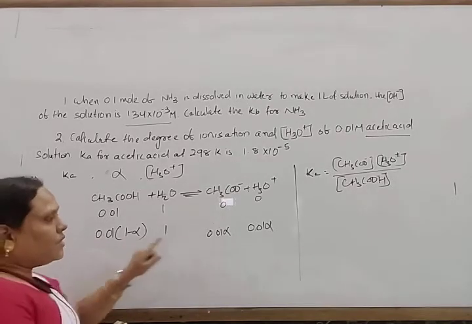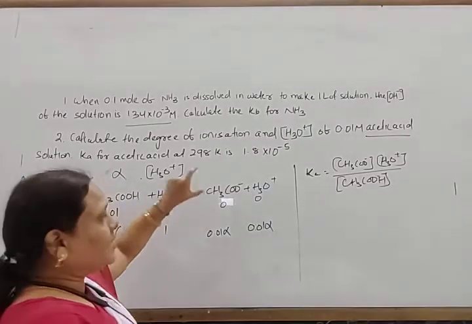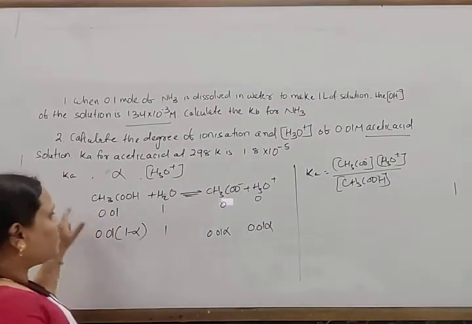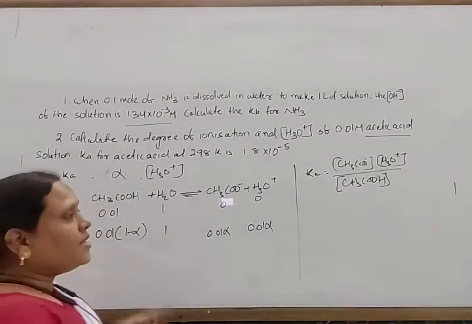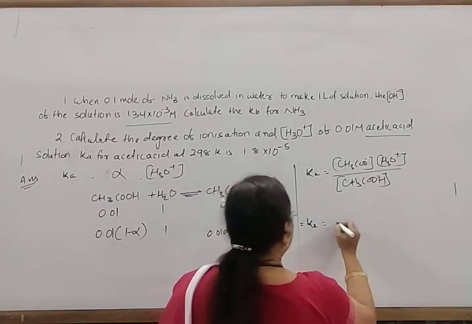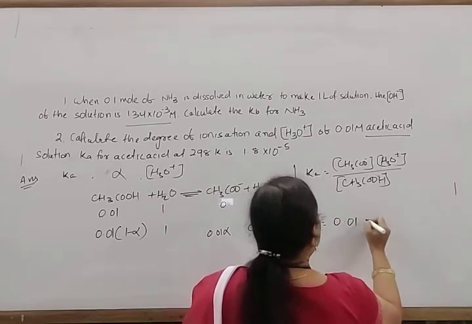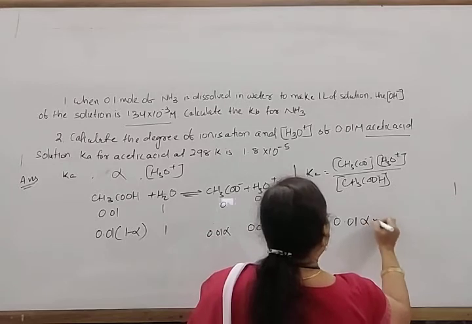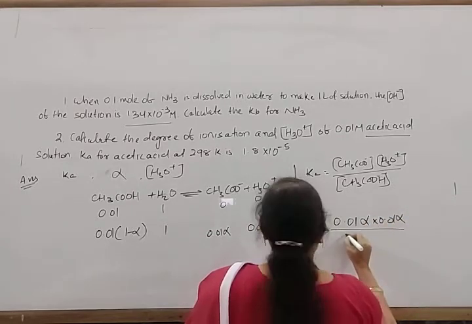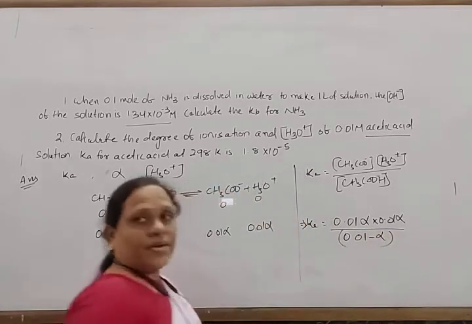The concentrations of acetate ion and H3O+ ion at equilibrium are 0.01 alpha each, and the concentration of acetic acid at equilibrium is 0.01(1 minus alpha). So Ka is equal to 0.01 alpha into 0.01 alpha divided by 0.01(1 minus alpha).